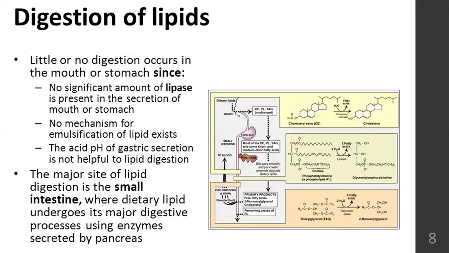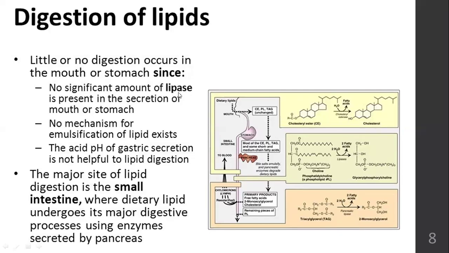Coming to the digestion of lipids: in the mouth or even in the stomach, no digestion takes place. Certain hydrolysis will take place in the stomach, but not to that extent, because we require the enzyme lipase. Your mouth does not produce lipase, neither does your stomach.